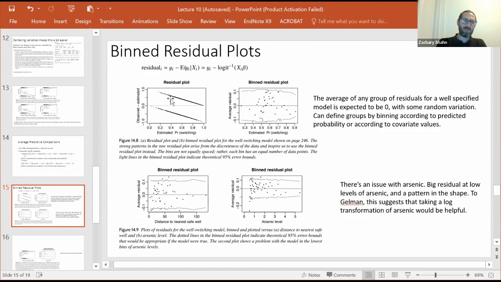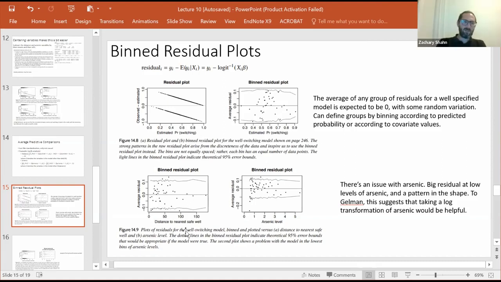But they will randomly not be 0 because it's a finite number. Just due to random variation, the residuals will sometimes be negative. The bin residuals, the averages in these bins, will sometimes be less than or greater than 0. But it should be random. So you should have a cloud. And it should be shapeless, just like before with the residual plot from a linear model.